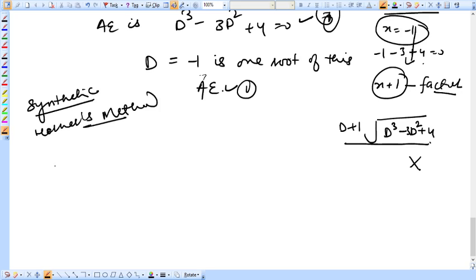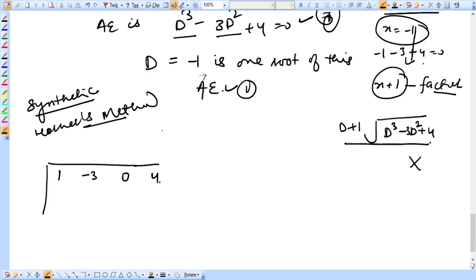In this we write all the coefficients of the equation: the coefficient of D cube is 1, the coefficient of D square is minus 3, the coefficient of D is 0, and the last is 4.